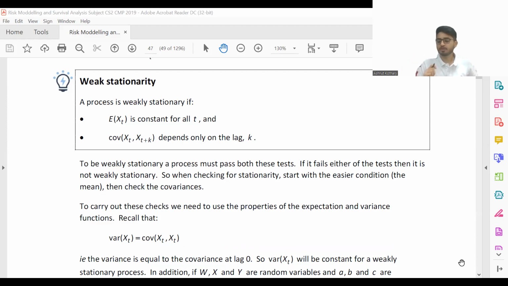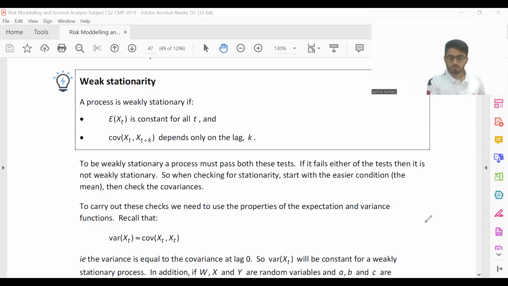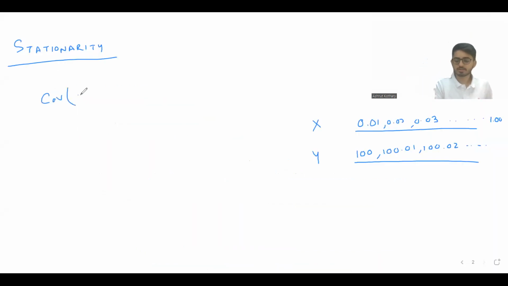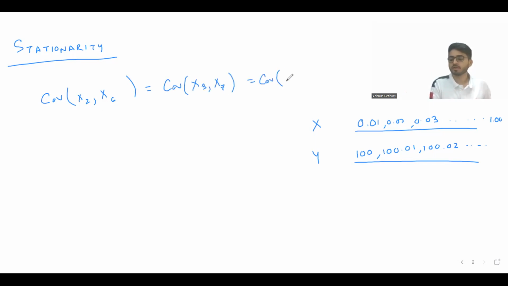Now, what do we mean by lag over here? Covariance of, let's say, x2 comma x6, the lag is nothing but the difference in time, which here is 4. This should be equal to all covariances which have a lag of 4, that is, covariance of x3 comma x7, or covariance of x6 comma x10, and so on.